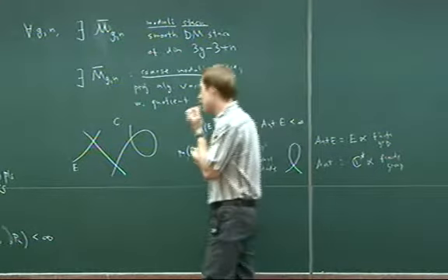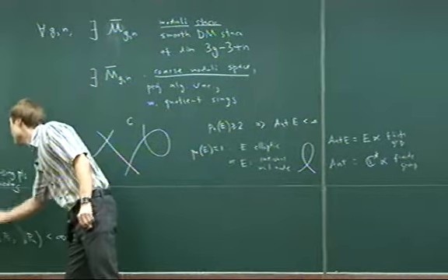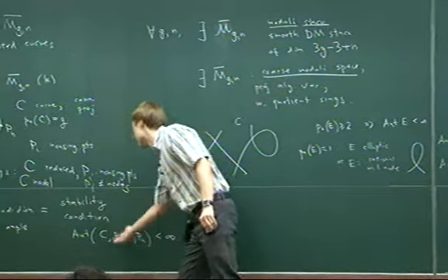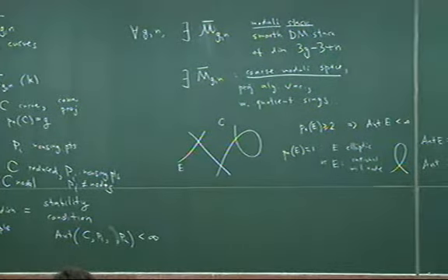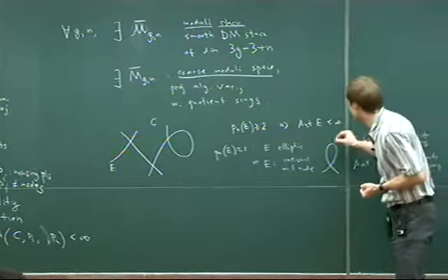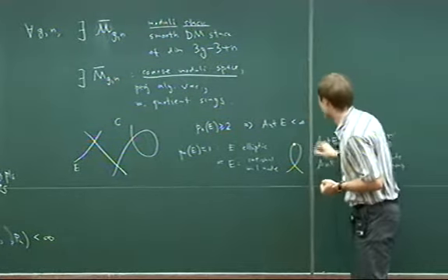And so to make the automorphism group finite for this stability condition, one needs to fix one more point.